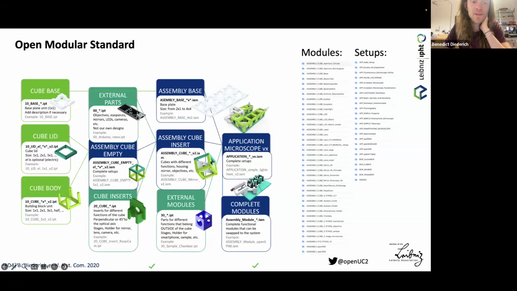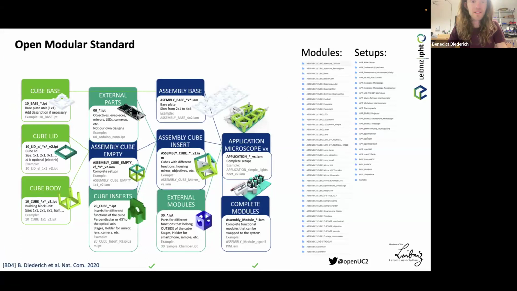So you have the inserts for adding mirrors or lenses, but you can also add external parts like electronics, have bigger compartments, like little projectors that are used for projecting patterns into the sample plane. And then the combination of the different parts makes a system. So this here, for example, is a light sheet system that you can construct from available components essentially.